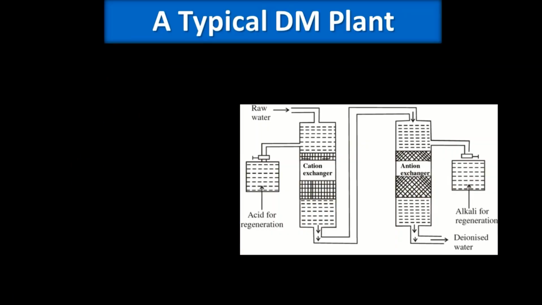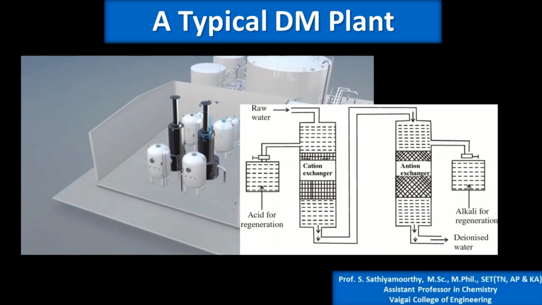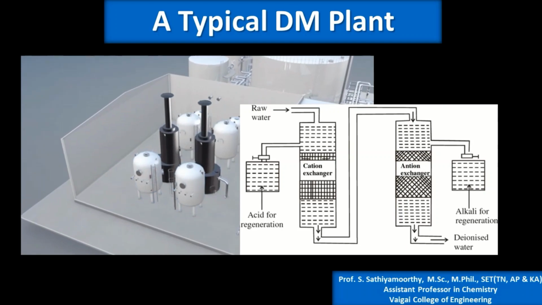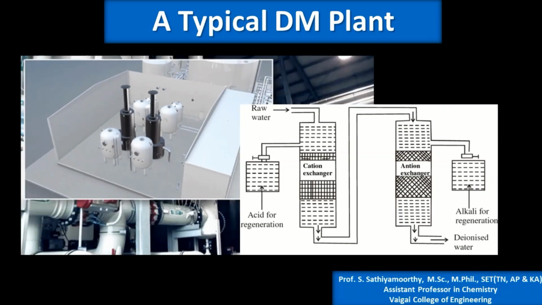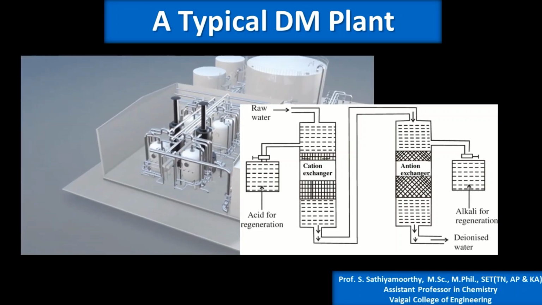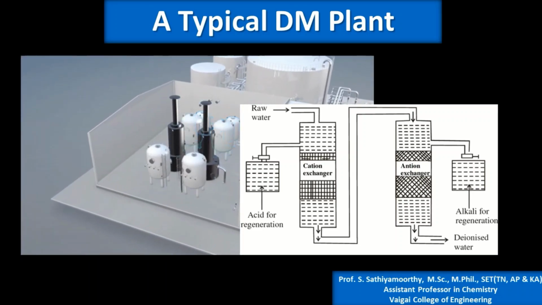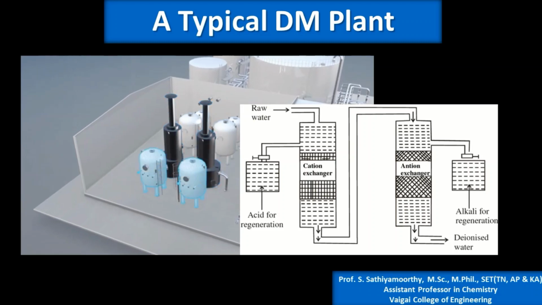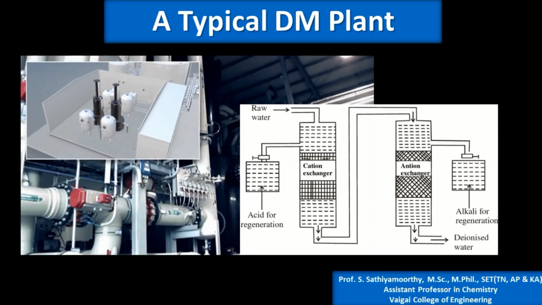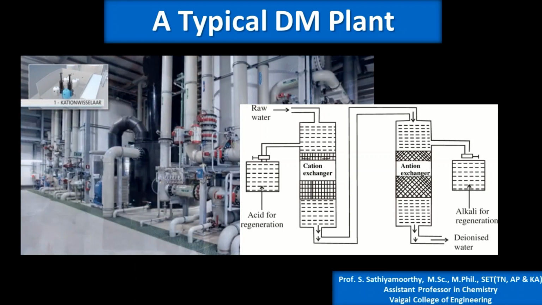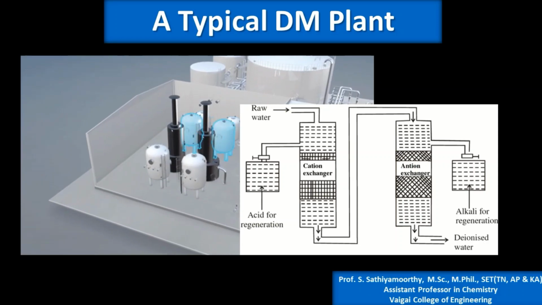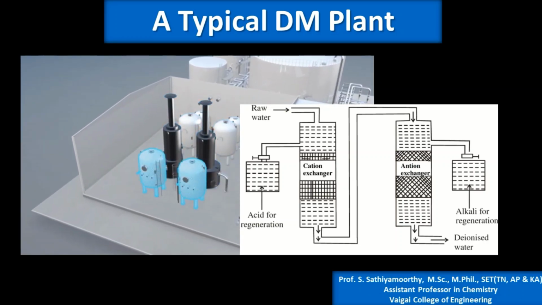Now we are going to discuss a demineralization plant and how it looks. In the first picture, the animated picture, you can see how a demineralization plant looks. In the second image, you can see the diagrammatic representation of a typical demineralization plant. In that you can see the raw water or impure water is passed through the cation exchange resin or cation exchanger first.